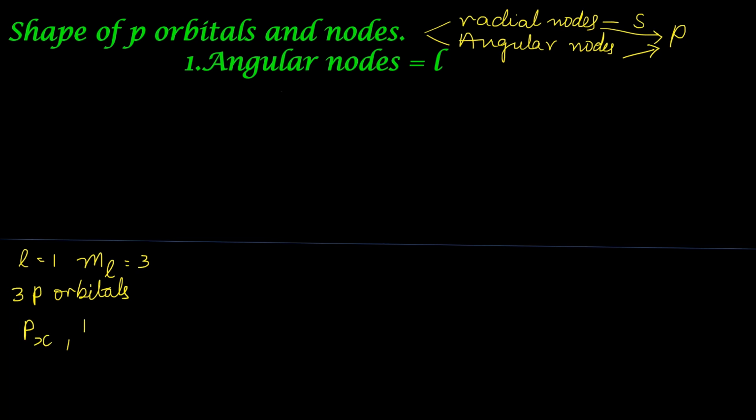They are represented as px, py and pz. Let us see their orientation. We will mark them as x, y and z. I have followed the NCERT text in marking the directions. Some other authors give y for x and x for y. Don't worry, for the present this is enough.